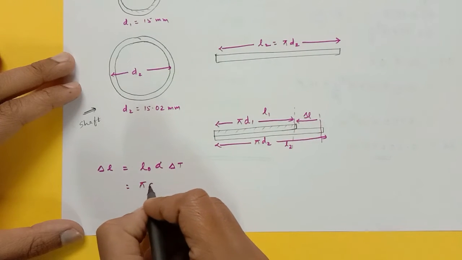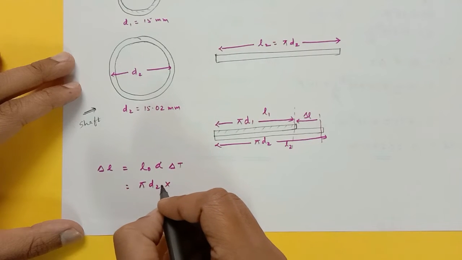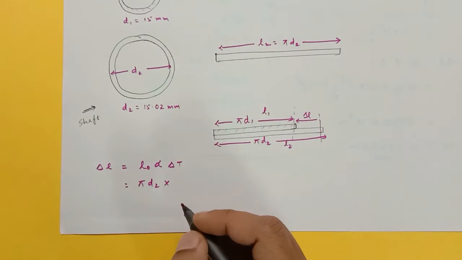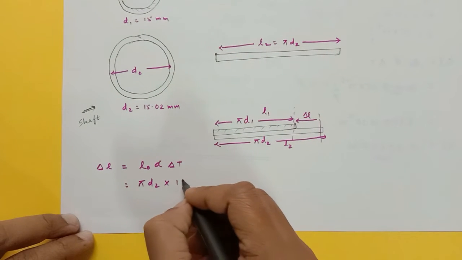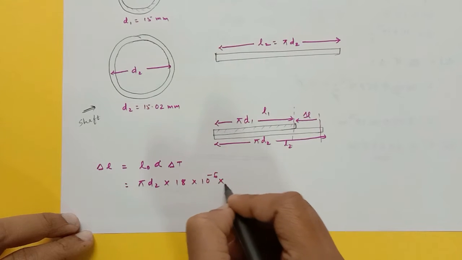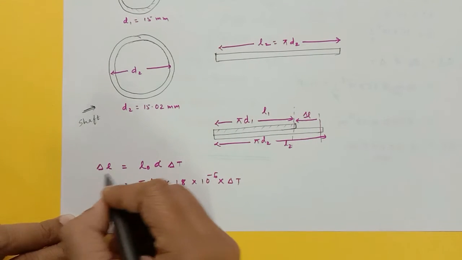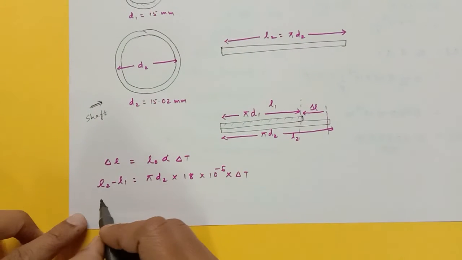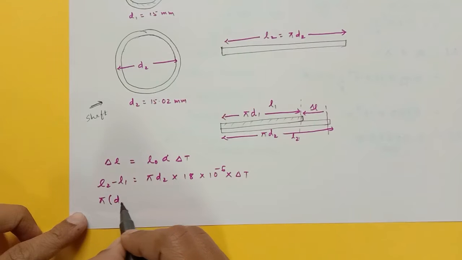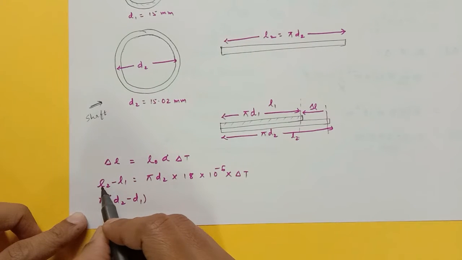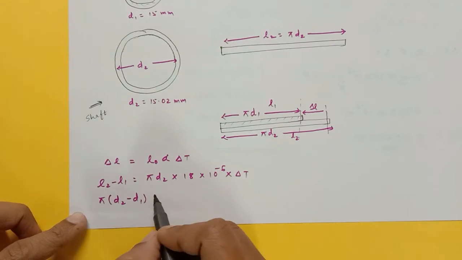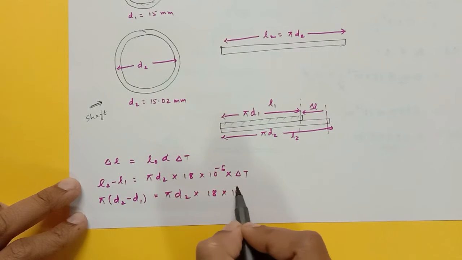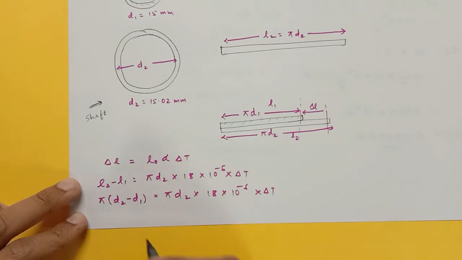So this becomes pi times d2 multiplied by alpha of the rod, 18 into 10 raised to minus 6, into delta T, that is equal to delta L. So delta L is L2 minus L1. But L2 minus L1 can be written as pi common, d2 minus d1, because this is pi d2 minus pi d1, so pi comes out common. Pi times d2 into 18 into 10 raised to minus 6 into delta T.